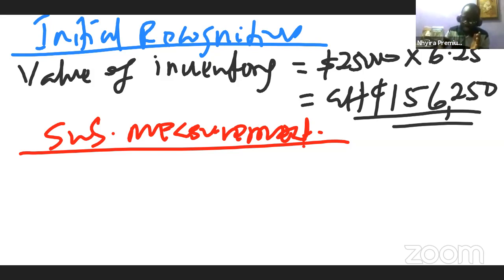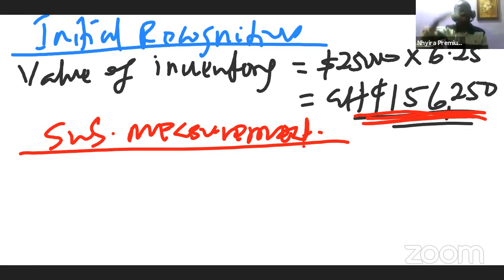We will still be carrying the inventory in our books at 156,250 Ghana cedis because it's a non-monetary item. But the trade payable we need to revalue using the closing exchange rate to find out whether the debt we owe has increased or reduced due to the exchange rate.